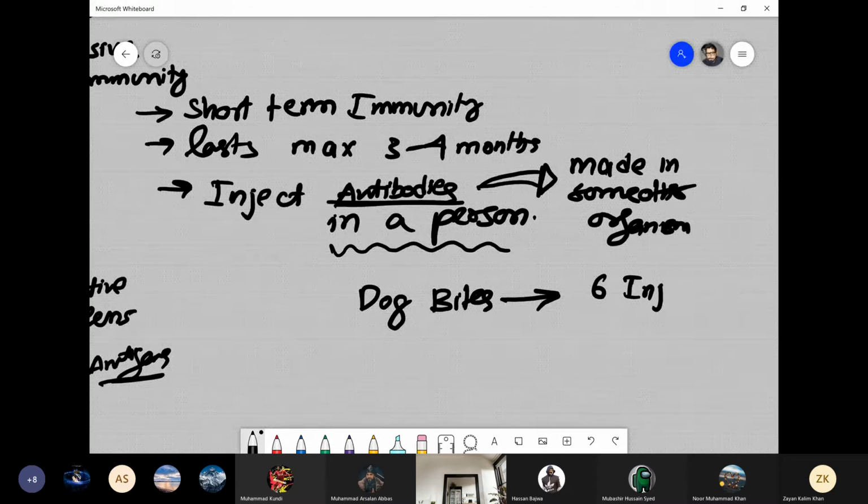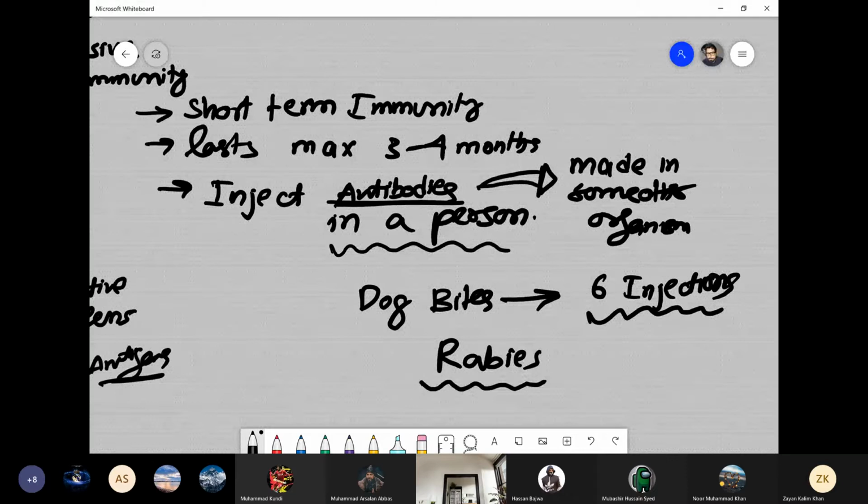What is this disease, rabies? The person becomes psychologically afraid of water. The person becomes so afraid of water that he doesn't even drink water, and a person can die because of thirst.